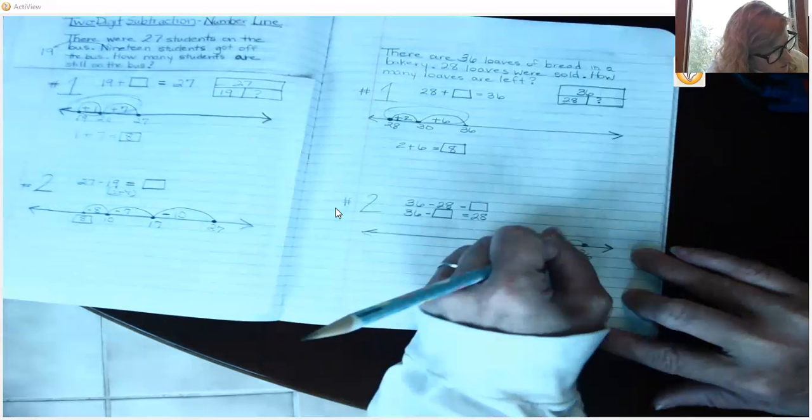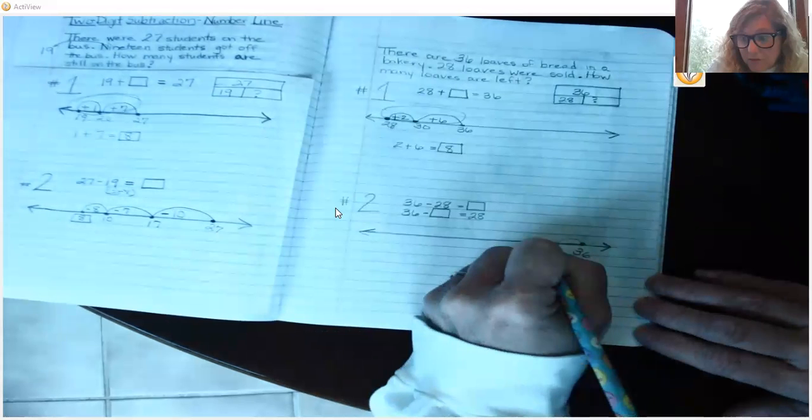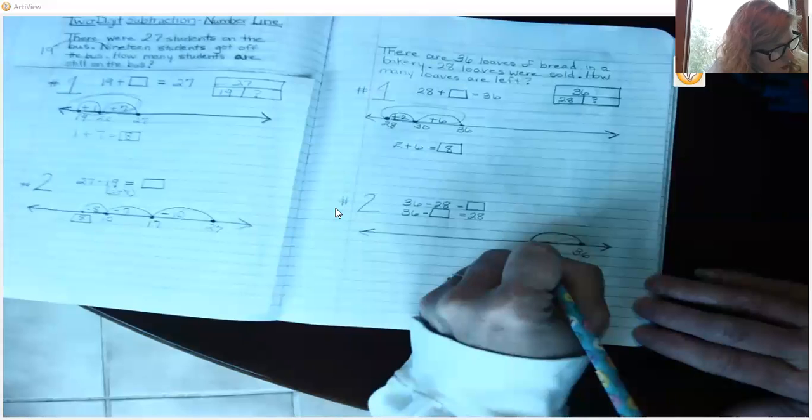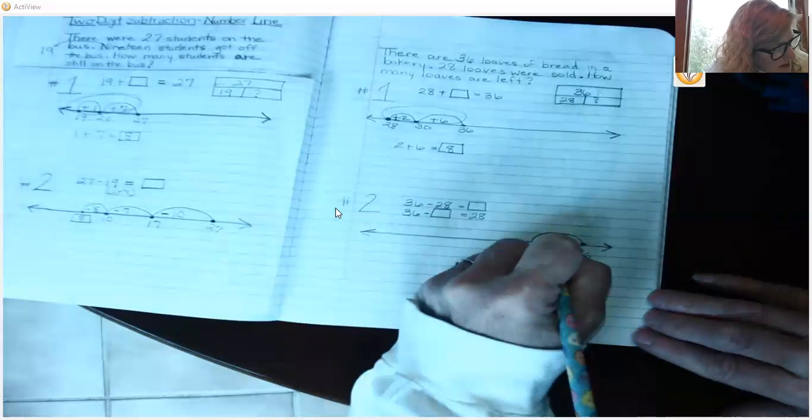We are going to go back to 30. Back to 30. And so how much would that be? 36 going back to 30 would be minus 6. So we have 6 going back so far.